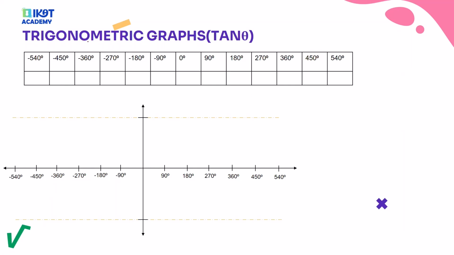Okay, now here we have the trigonometric graph of tan. We're going to use our calculator, starting from tan of negative 540 going forward. From tan of negative 540 to here, you get 0 from your calculator. Then for tan of negative 450, the calculator says math error.